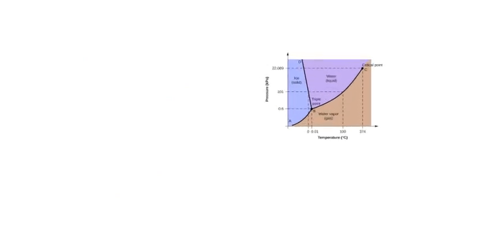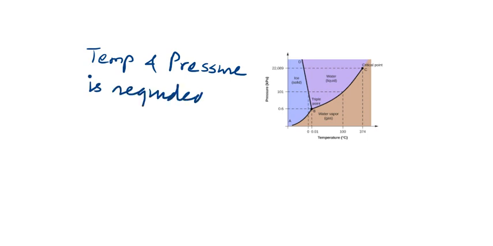It means that you can define this area by means of two parameters, and those are temperature and pressure. Two degrees of freedom are there. Temperature and pressure are required to define this area.